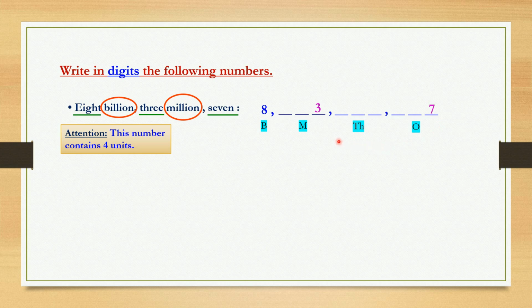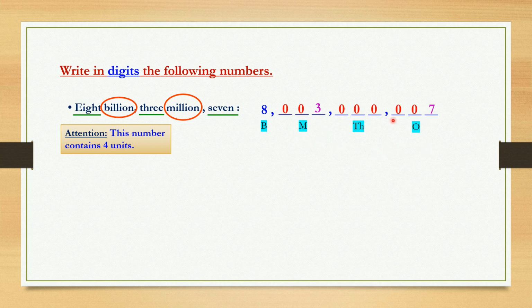Now here, if we notice, we have a lot of empty spaces, a lot of empty dashes. 1, 2, 3, 4, 5, 6, 7. So what do you think we should do here? We fill them with zeros. So here I must fill these empty spaces with 7 zeros.